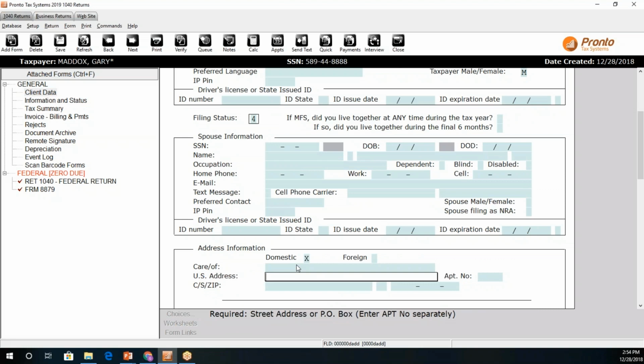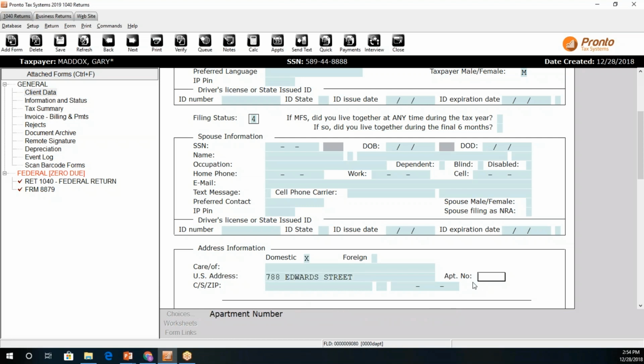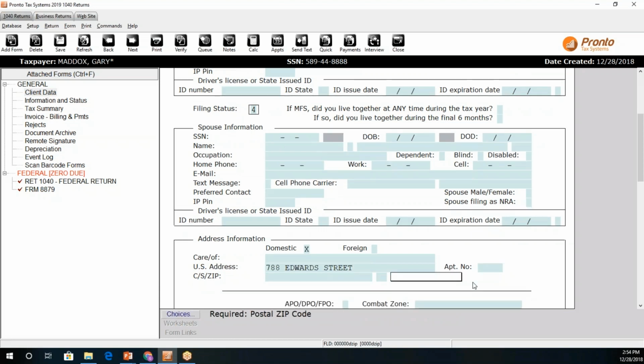And Gary lived at 788 Edwards Street. And he doesn't live in an apartment. And the zip code is 92683.